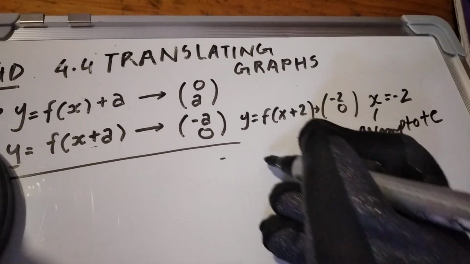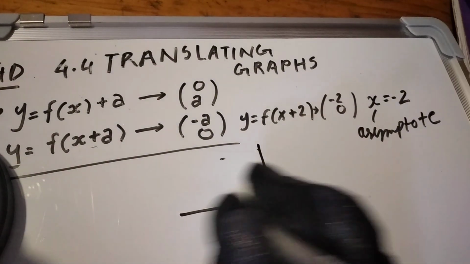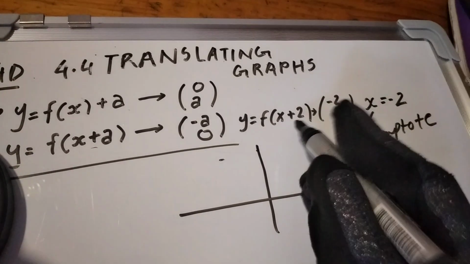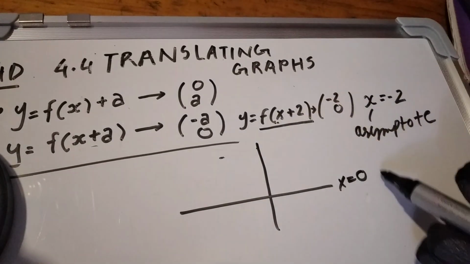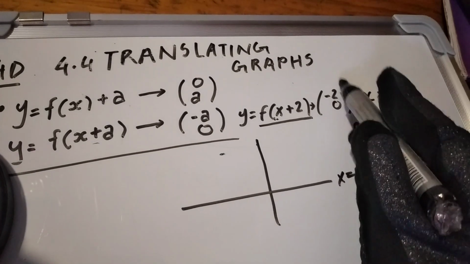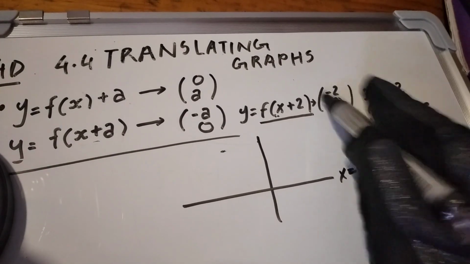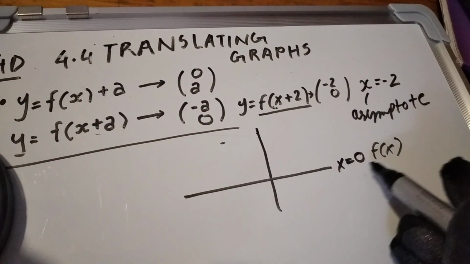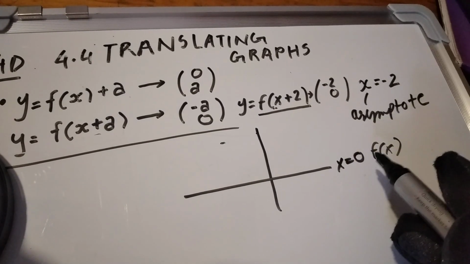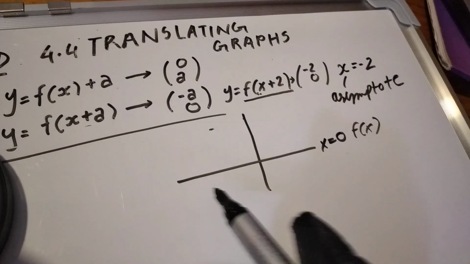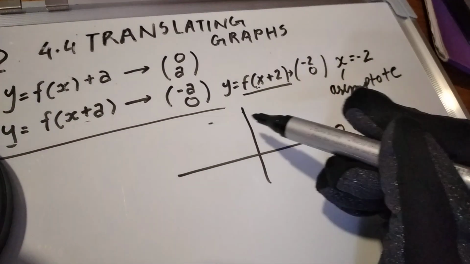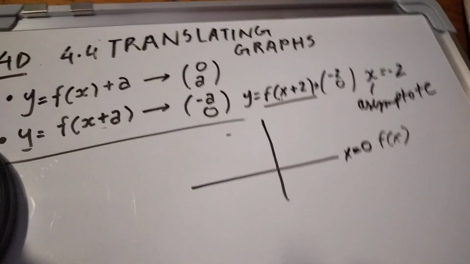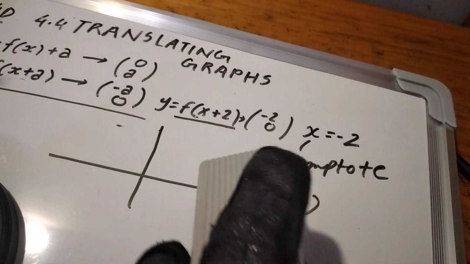If I show you the visual representation, for example, this is the x-axis, right? Now this is happening, f(x + 2), this was f(x), right? If this is happening, x coordinates will be translated by minus 2. So this is the asymptote line at first, x equals 0. Sorry, I messed up here.